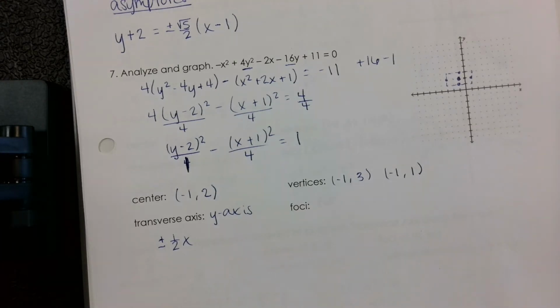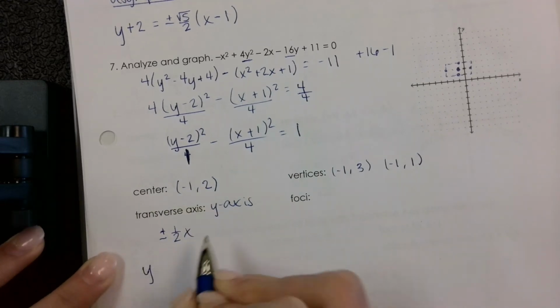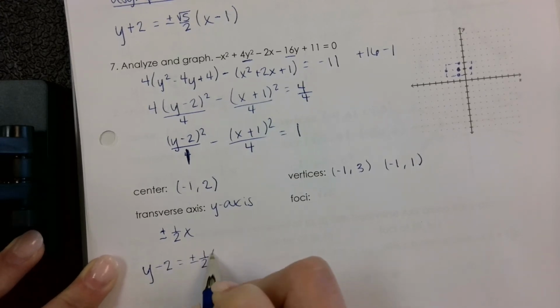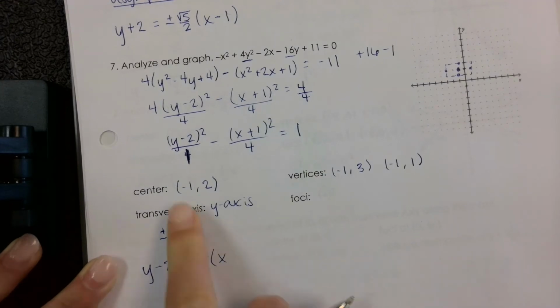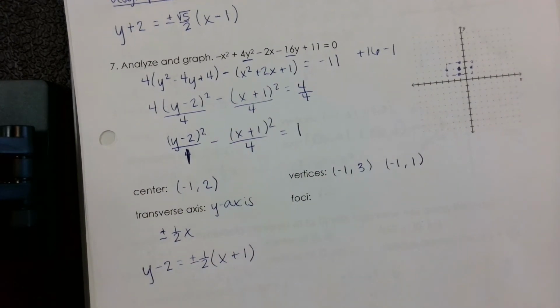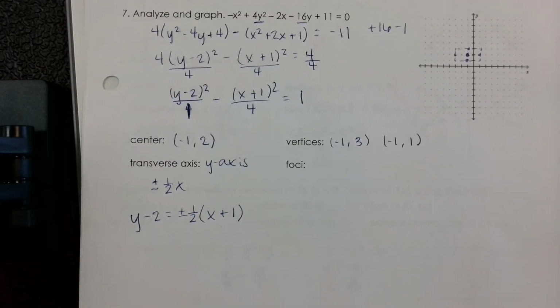So when we go to write that equation, you're using that point slope form again. And the point you use is your center. So you're going to have y minus the y value of your center, which was 2, equals your slope, plus and minus 1/2, times x minus the x value of your center. So we'll say plus 1. Is that all right? Those are our asymptotes. Can you see that? It's kind of running out of room here.